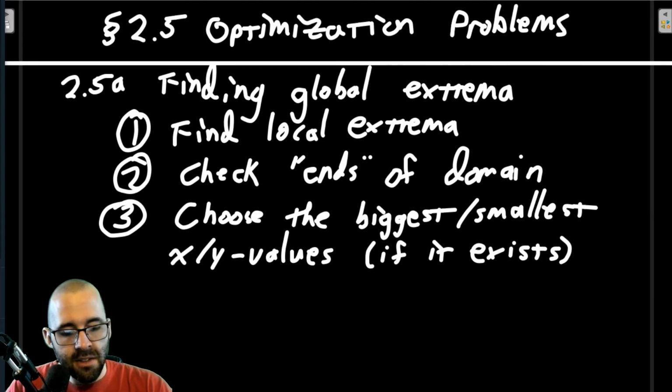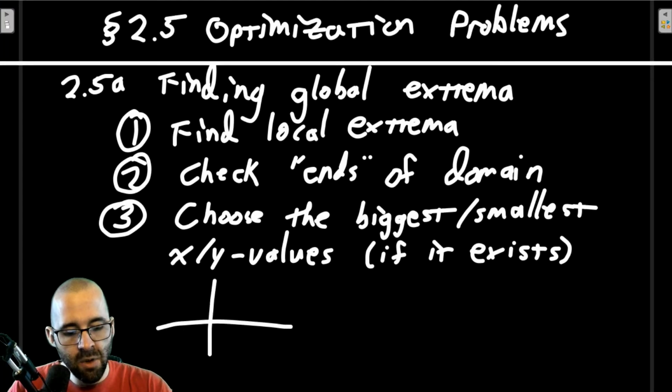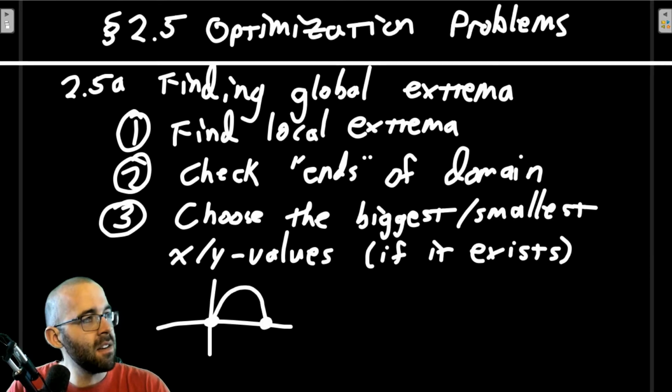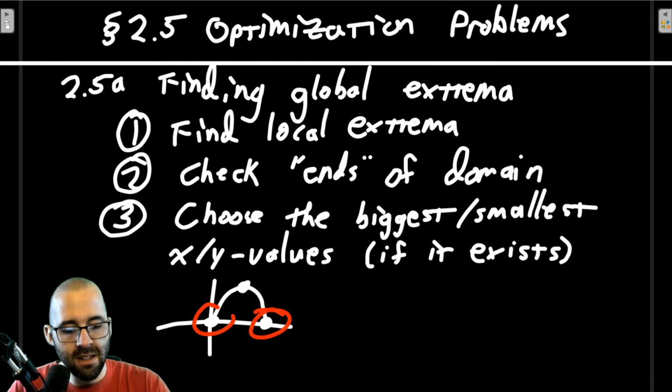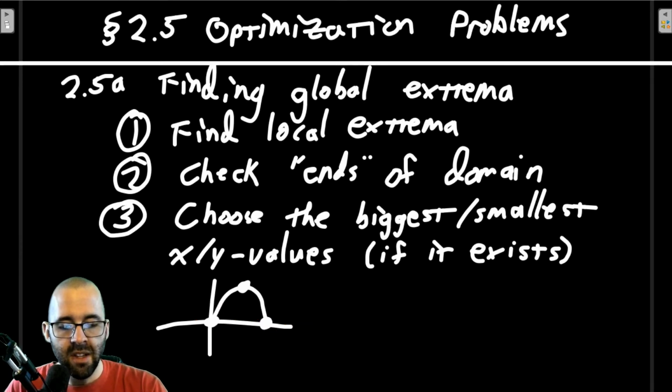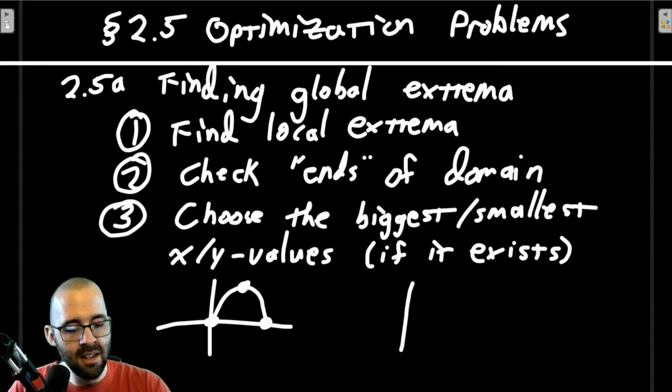All right. So when I talk about endpoints, if we're looking at a parabola and this is our domain, then we'll look at the relative maximum here, and then we'll also look at the endpoints here, right? So the minimum would be y equals 0. But then sometimes we won't have something like that.